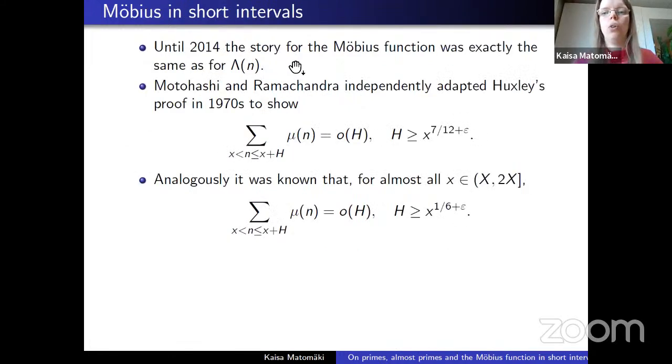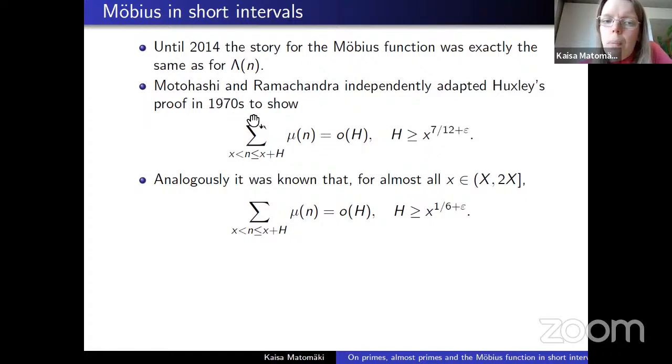Okay, so let's look at what is known about Möbius in short intervals. And until about 10 years ago, the story for the Möbius function was exactly the same as for the von Mangoldt function. In particular, Huxley's prime number theorem was adapted to the case of the Möbius function by Motohashi and Ramachandra independently.